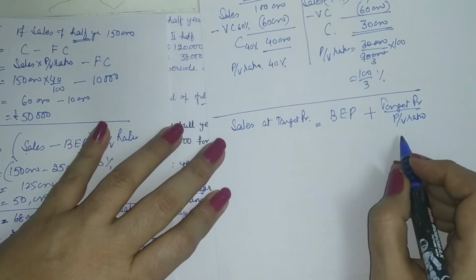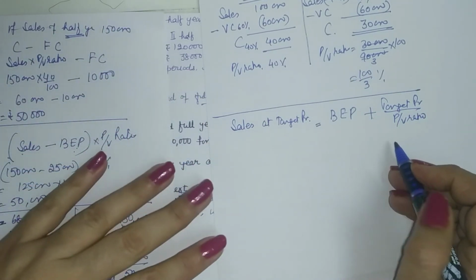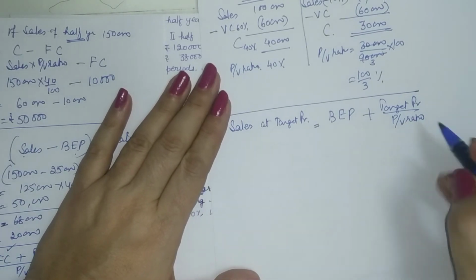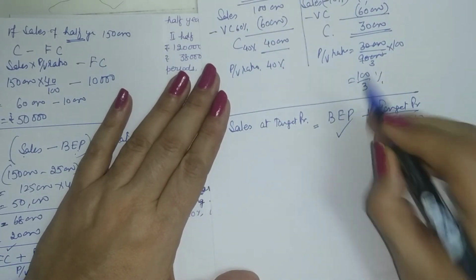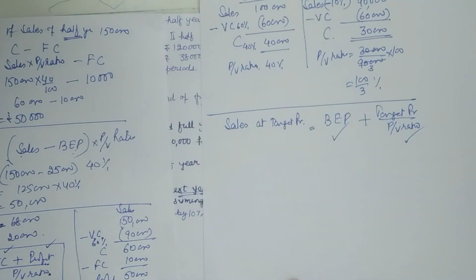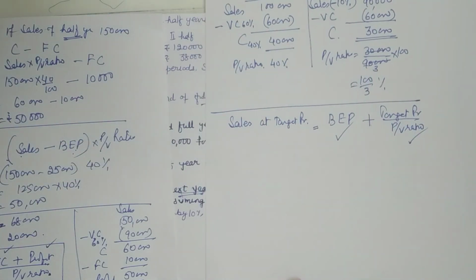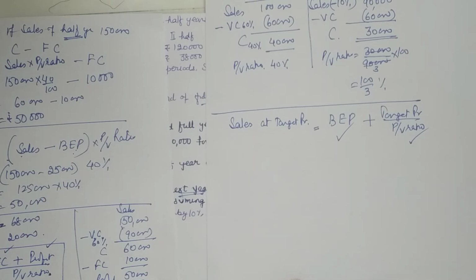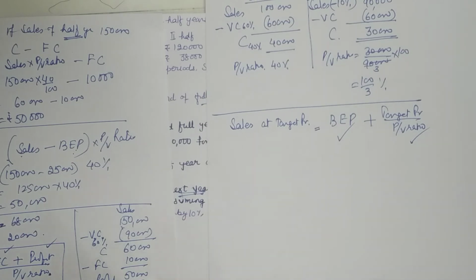Now we could have used this formula, but the problem is that if you use this formula, the way you revised PV ratio, you will have to revise break-even point also. So that will involve another investment of time. So in exams we might not have enough time to revise all the calculations, so we should make use of the best possible way. So wherever we have the maximum information available, we should make use of that particular formula.